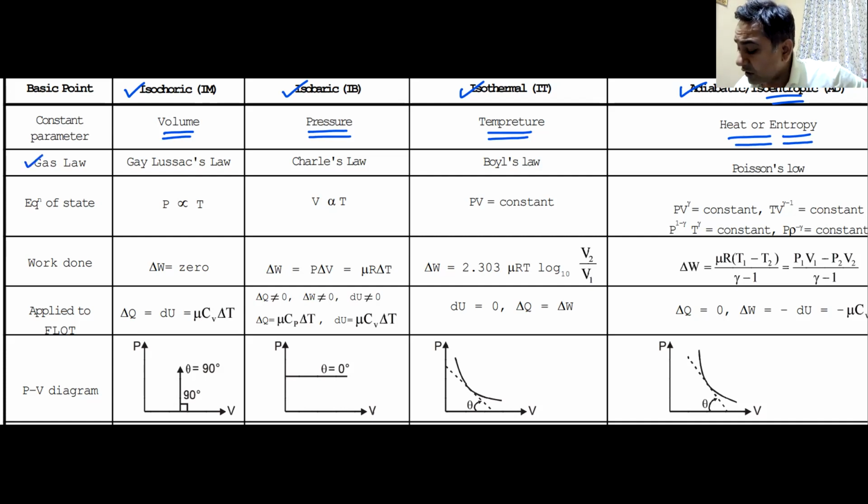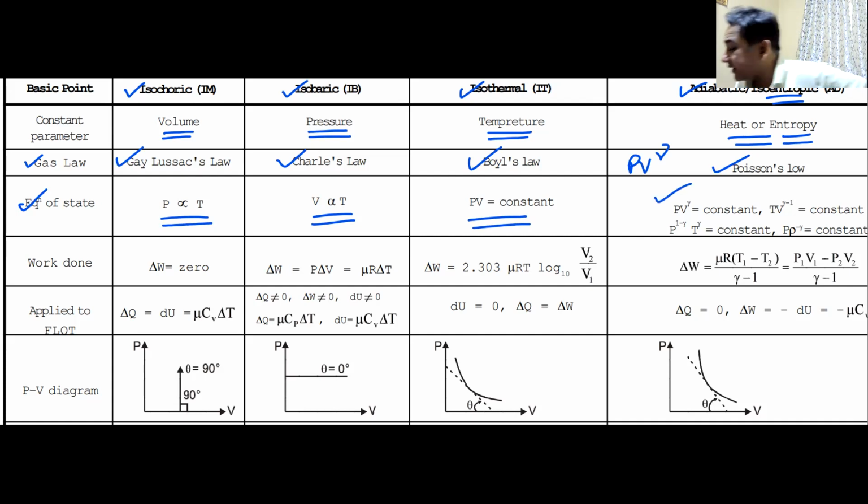Gas law, which gas law is applicable? Ideal gas law is always applicable, but here it is Gay-Lussac's law, constant volume; Charles's law, constant pressure; Boyle's law, constant temperature; and Poisson's law, PV raised to the power gamma is constant. Do we understand this? Equation of state: P is directly proportional to T, V is directly proportional to T, PV is constant.